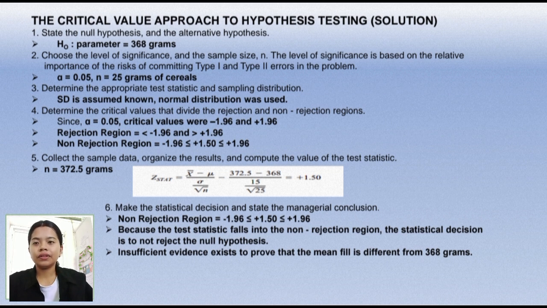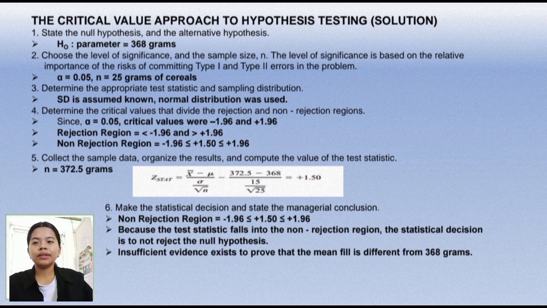The non-rejection region is negative 1.96 less than or equal to 1.50, less than or equal to positive 1.96. Collect the sample data, organize the results, and compute the value of the test statistic.